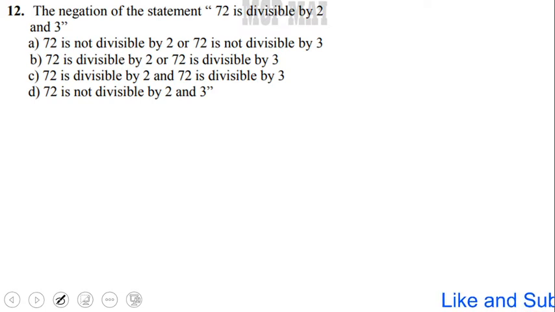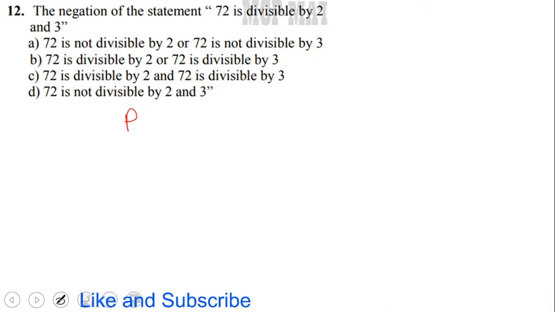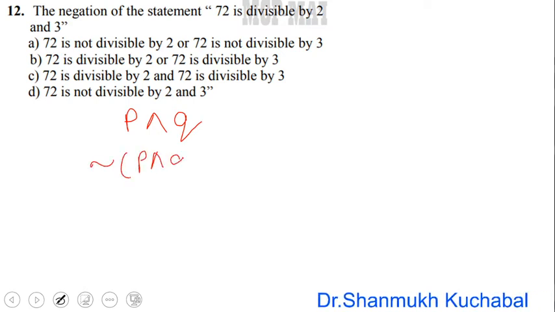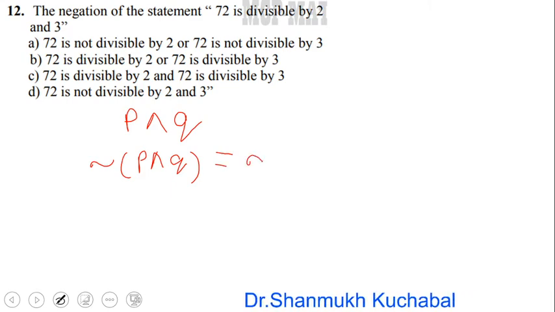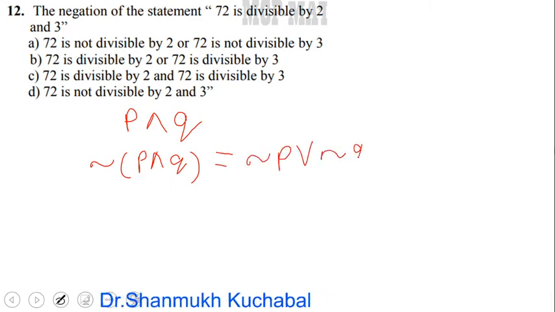So the question is, the negation of the statement 72 is divisible by 2 and 3 here. So 72 is divisible by 2, I take it as statement P, and 72 is divisible by 3, I am taking as statement Q. Negation of this statement is, negation of P and Q is equal to negation of P or negation of Q here.